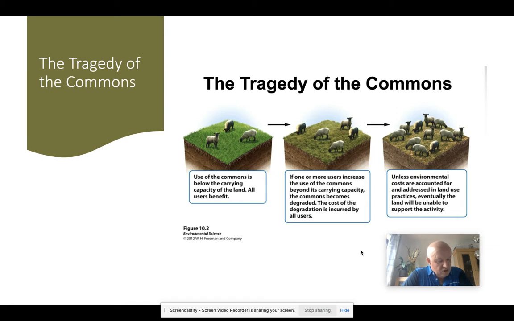This was first put forward by Garrett Hardin, who talked about the principle where you don't have any control over the way in which land, one of the factors of production, is used.